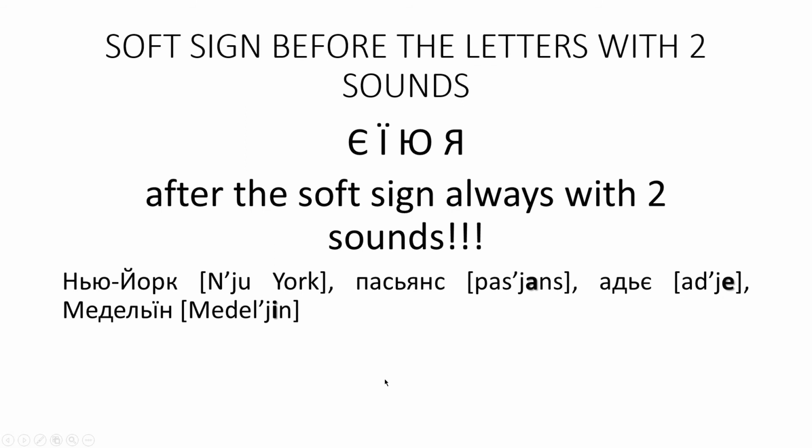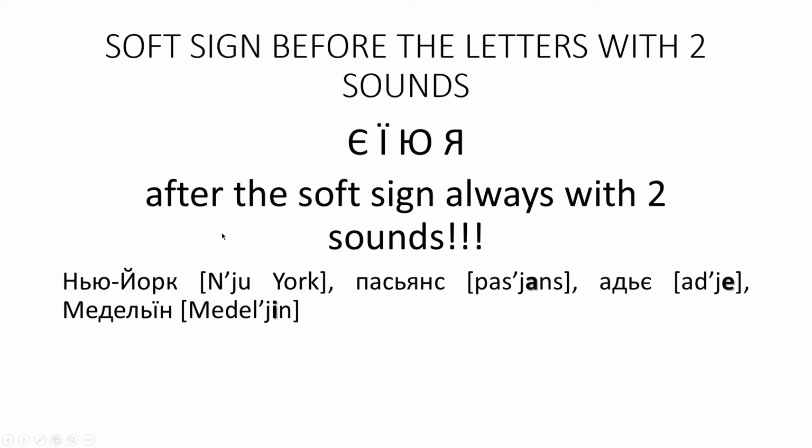So, what about the soft sign before the letters with 2 sounds? As I've already explained to you in the previous video, there is one case when these 4 wonderful letters are pronounced with 2 sounds.